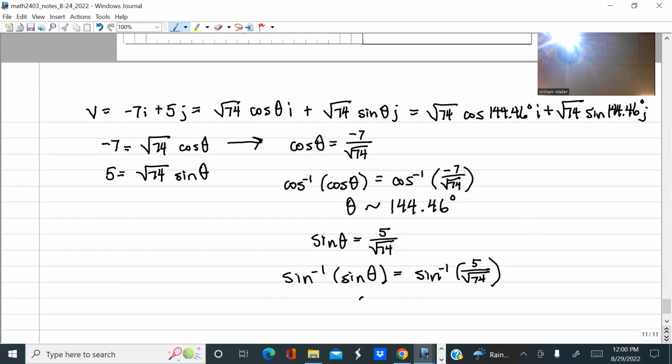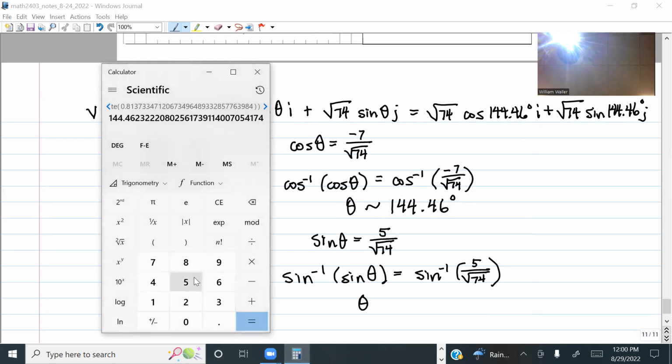Okay, and so now we would think, oh, theta is sine inverse of 5 over square root of 74. But that is going to go a little bit awry, I think. So let's try that. Let's clear this. 5 divided by, let me insert some parentheses here, square root of 74, close that.